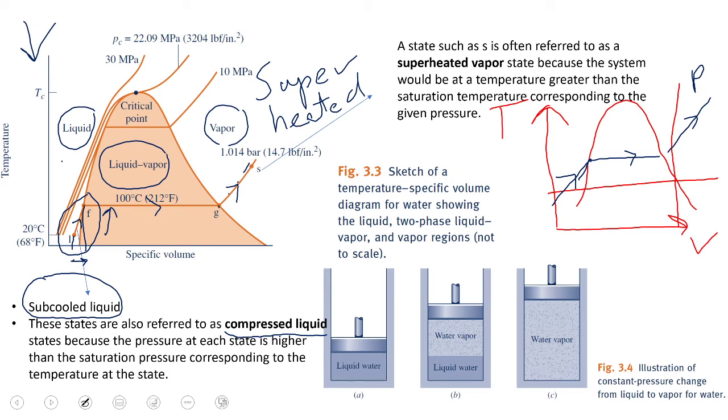So it is difficult to compress. So it is called compressed liquid region. If we were to divide this vapor dome into three regions, it is region A, region B, and region C. This liquid region is A, this vapor plus liquid is B region, and this is C region.